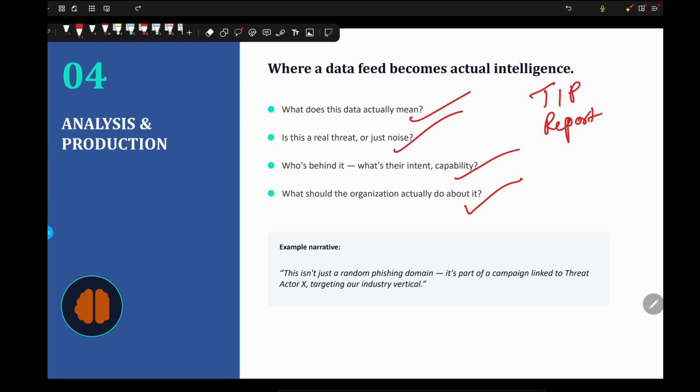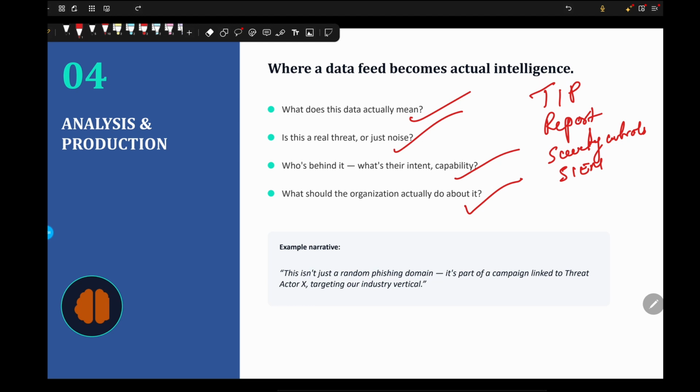Or let's say, if it's IOCs or something like that, you can push into your security controls, or maybe SIEM solutions for detection, or maybe for threat hunting, and so forth. So you should know exactly what you are going to do with the data that you have analyzed.